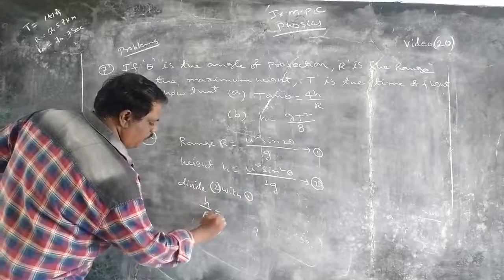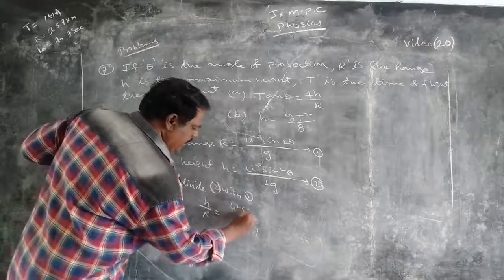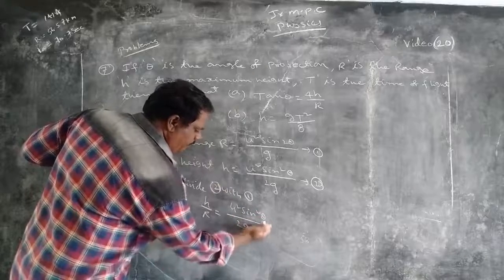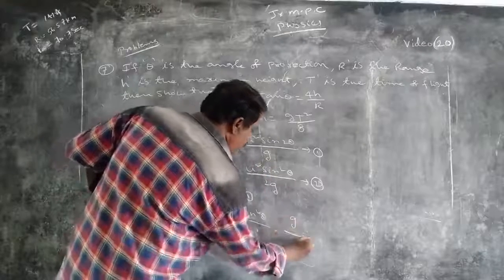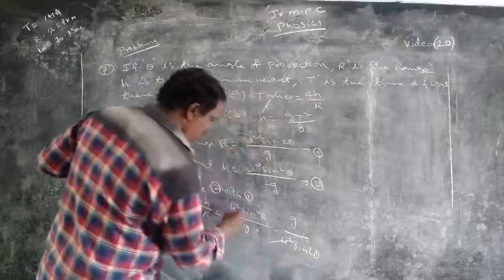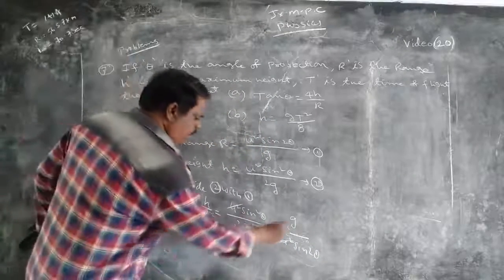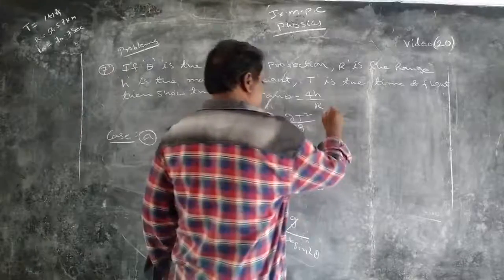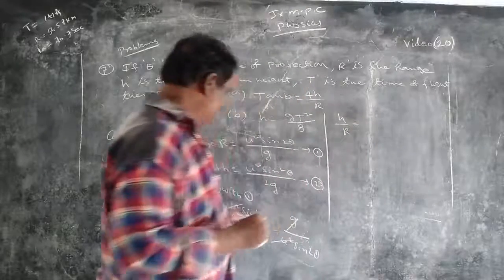H by r is equal to, write down the formula for h, u square sin square theta by 2g, and the reciprocal of the r value, g by u square sin 2 theta. U square cancels, and g also cancels. Then what we have to write from this? H by r is equal to sin square theta.